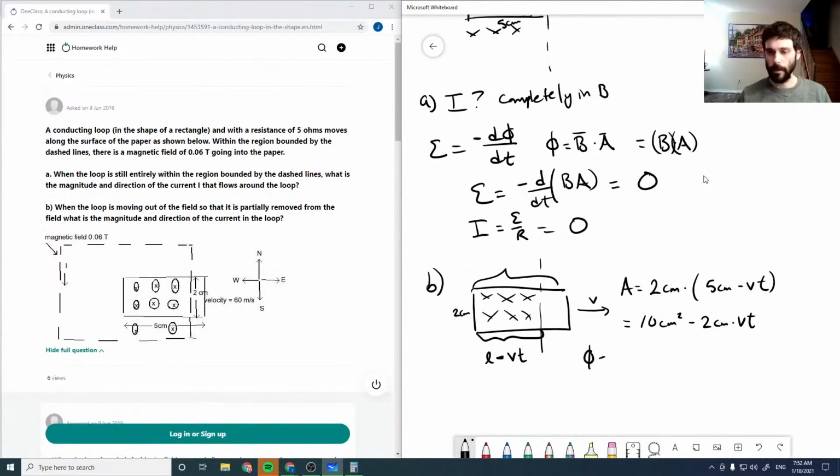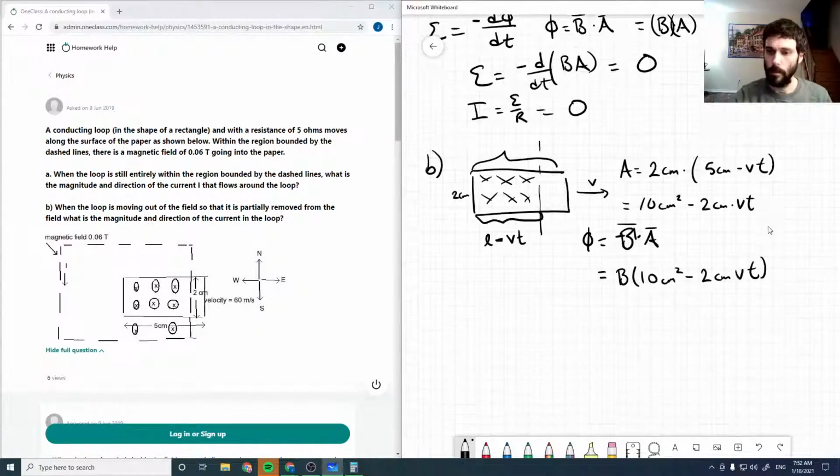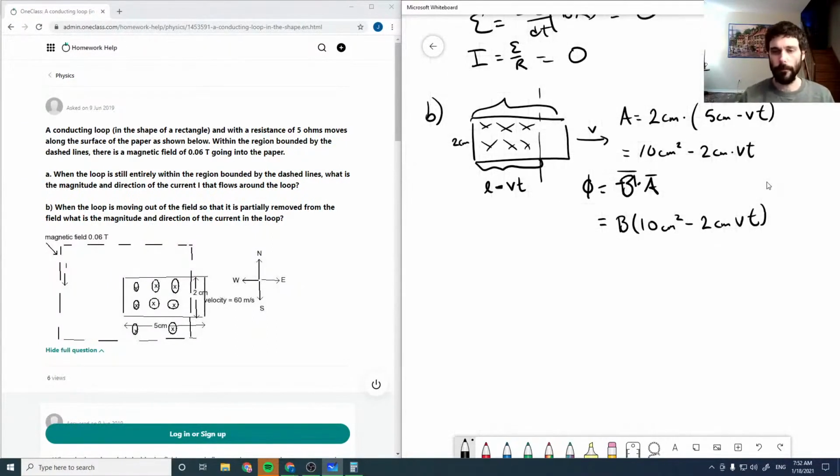So then our flux, which is our B field dotted with our area, is going to be B times 10 centimeters squared minus 2 centimeters times our velocity times time.